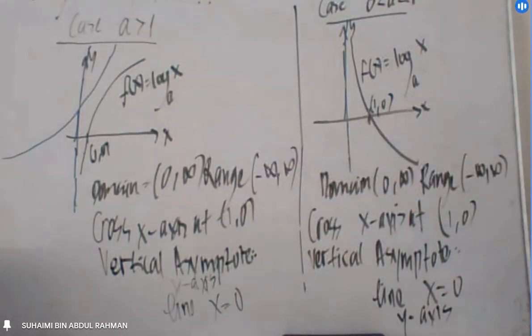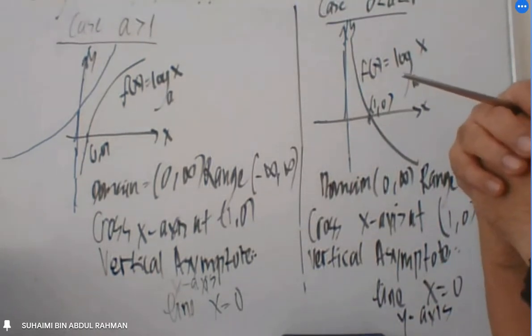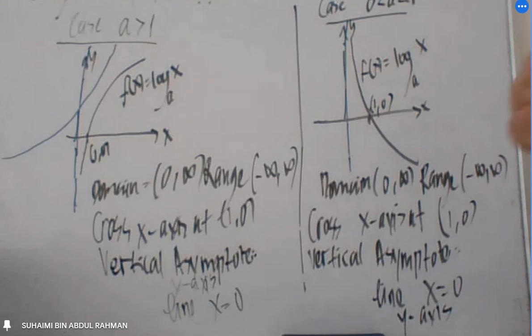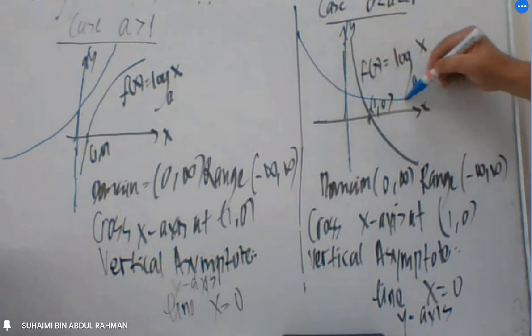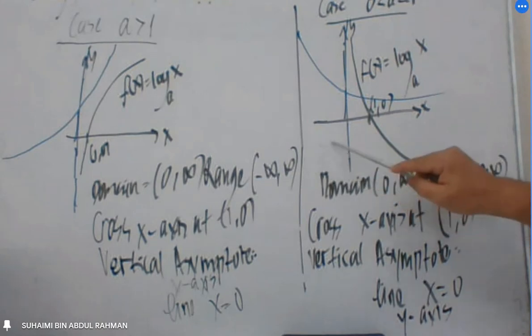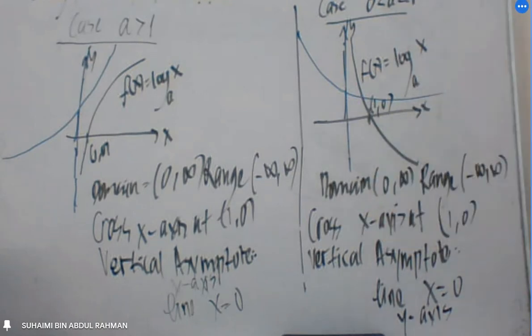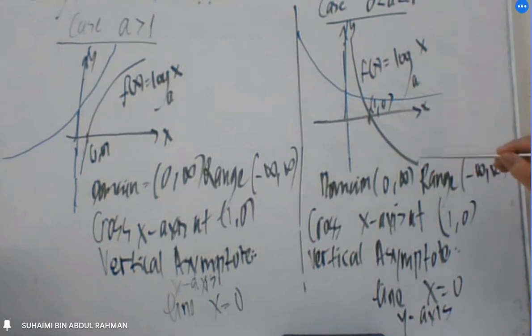The inverse of the logarithmic function is an exponential function, and the inverse of the exponential function is the logarithmic function.